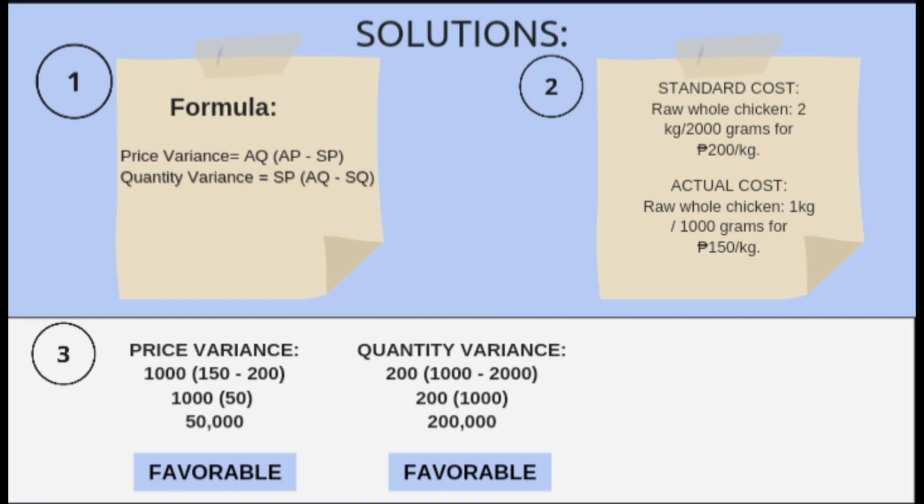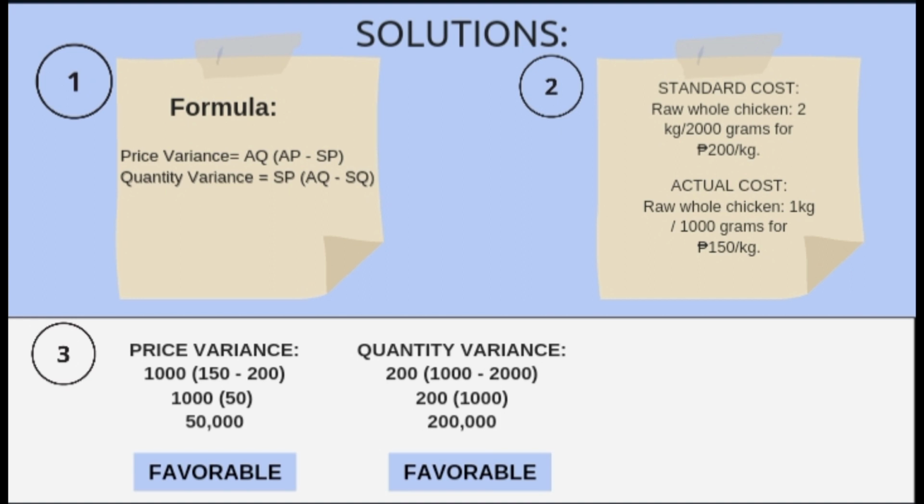Now let's go for quantity variance. Just follow the formula: standard price multiplied by actual quantity minus standard quantity. So the answer would be 200 multiplied by 1,000 minus 2,000. First, find the difference between the actual quantity and standard quantity, which is 1,000 minus 2,000, and the answer would be negative 1,000, or simply put 1,000.